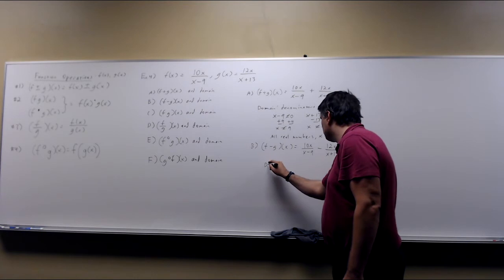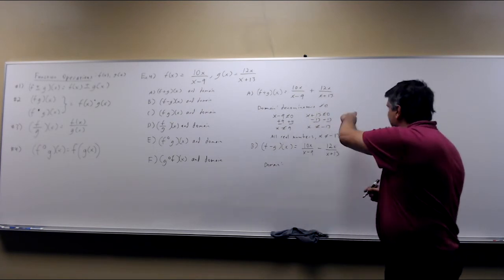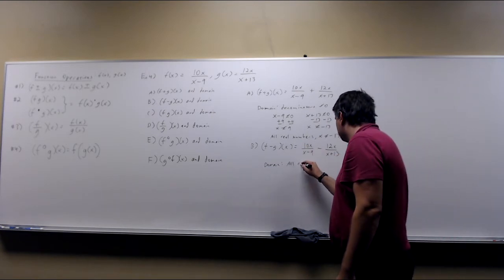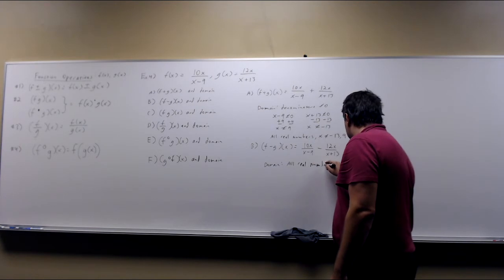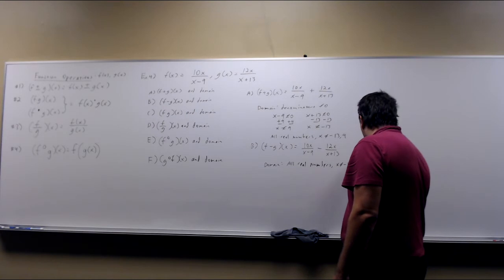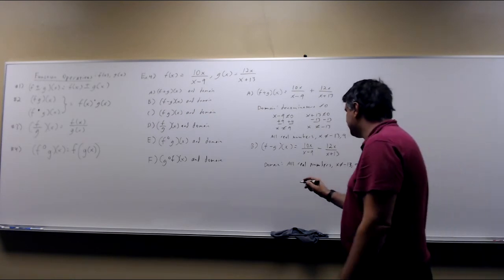Domain. Denominators cannot equal 0. We had this discussion. All real numbers, x cannot equal negative 13 or 9. Okay?